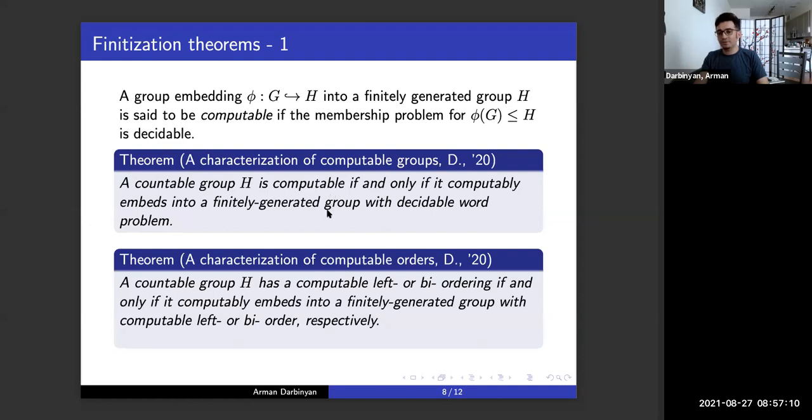So these two characterizations are actually quite similar. And one important feature of them is that they bring the concept from computability theory into a language that is understandable in the context of geometric group theory.